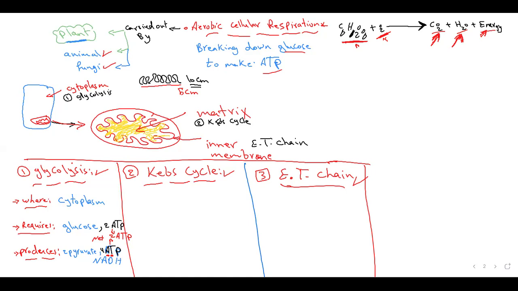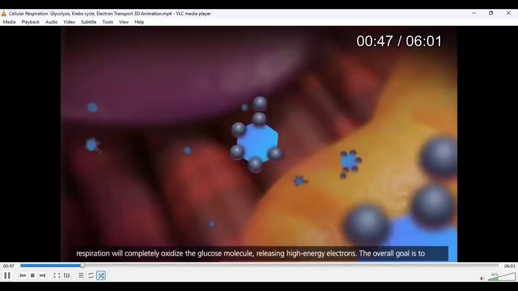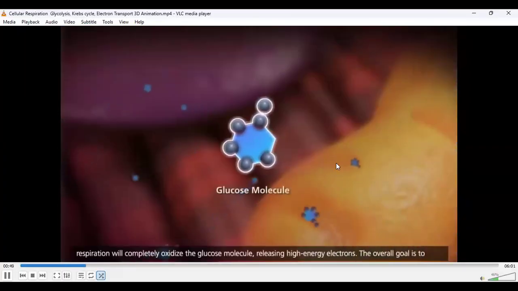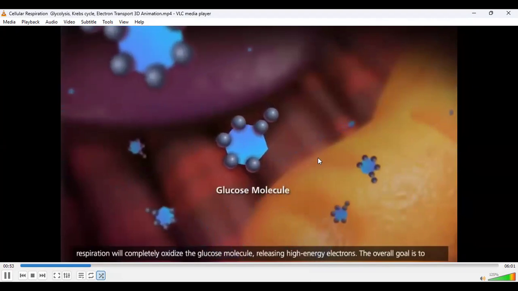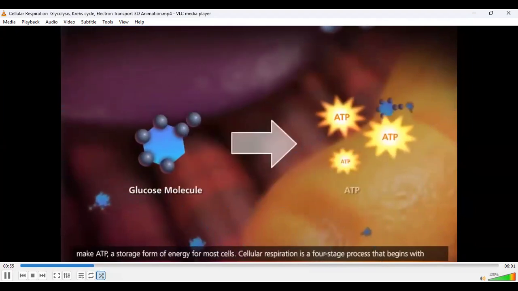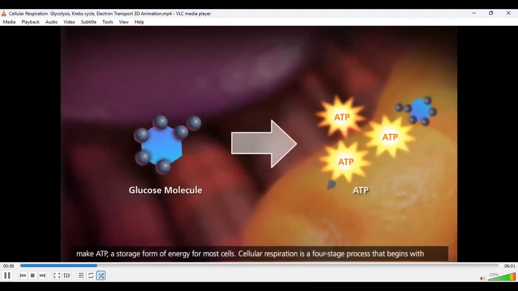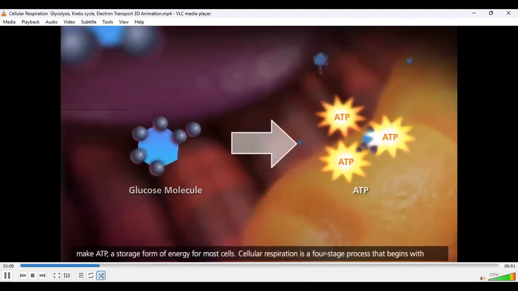The first step is to completely oxidize the glucose molecule. We have the glucose inside the cytoplasm here, and we will carry out glycolysis, releasing high-energy electrons. The overall goal is to make ATP, a storage form of energy for most cells.